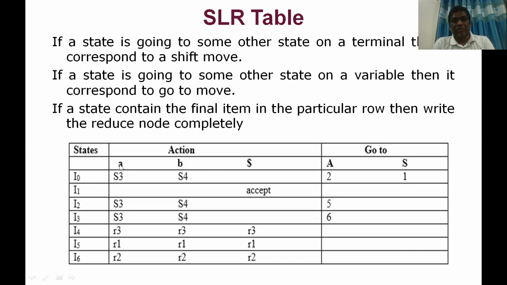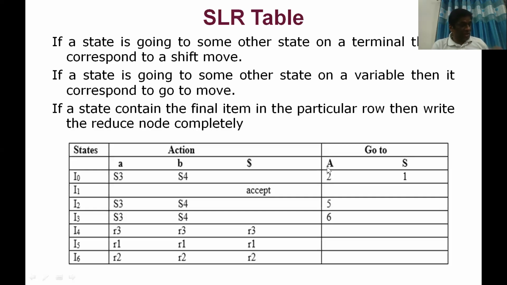So it depends on your grammar. If your grammar contains 5 terminals, then the action table contains 6 columns, 5 terminals followed by dollar. And the goto table contains variables. In our grammar there are two variables, capital A and capital S. So we write the corresponding variables over here. You don't need to write the augmented variable here.